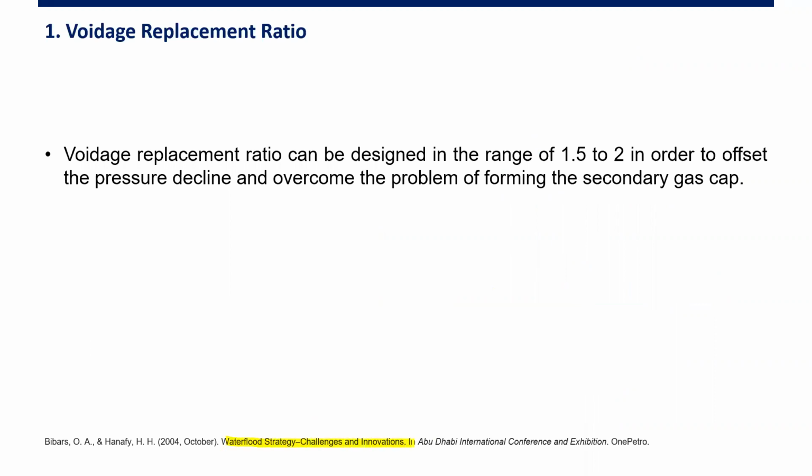All right, so voidage replacement ratio can be designed in the range of 1.5 to 2 in order to offset the pressure decline and overcome the problem of forming the secondary gas cap.